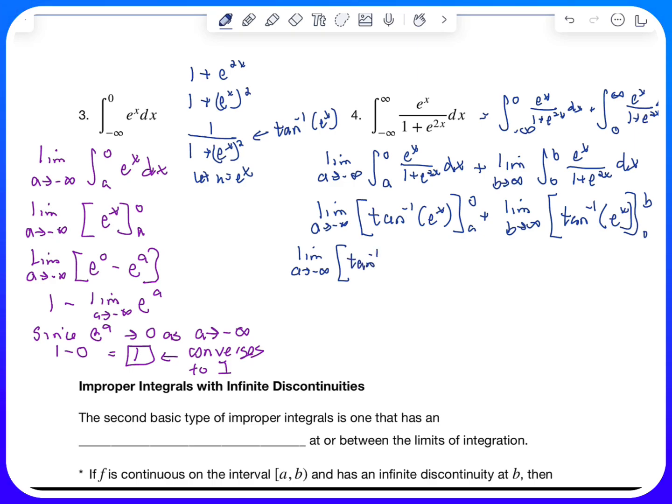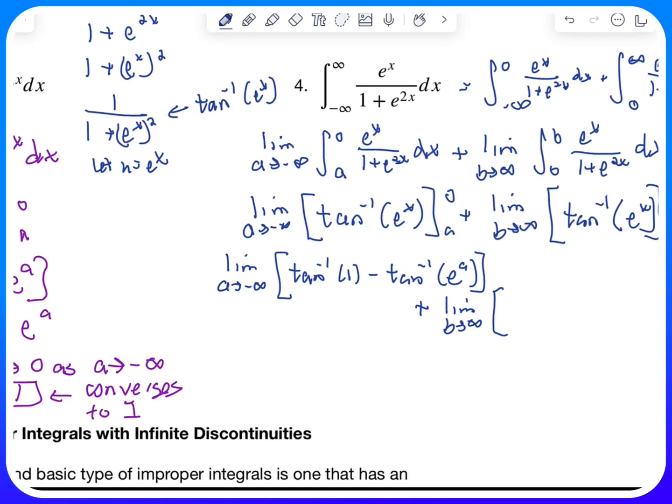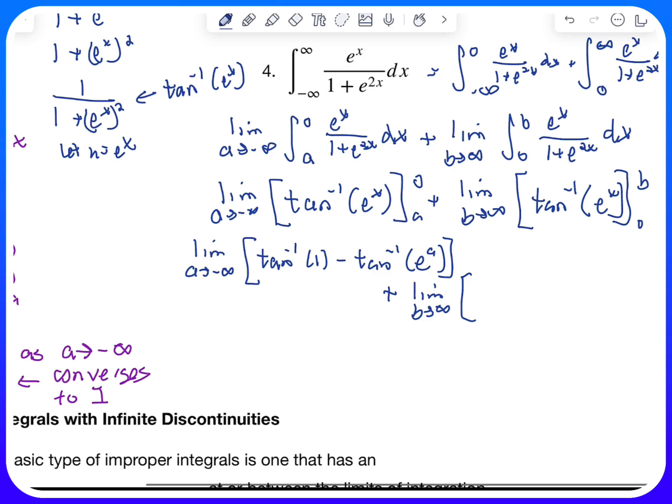All right, so that gives us the arctangent of e to the 0, which is 1, the angle whose tangent is 1, minus the arctangent of e to the a, plus the limit as b goes to infinity of the angle whose tangent is e to the b, minus the arctangent of e to the 0, which is 1.